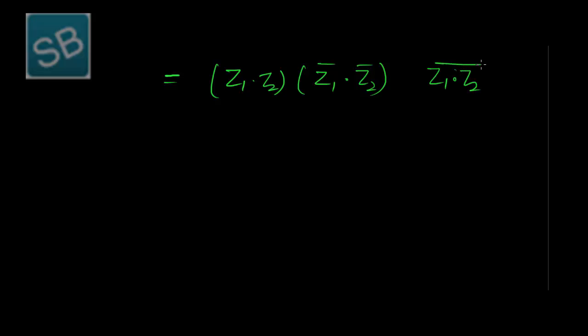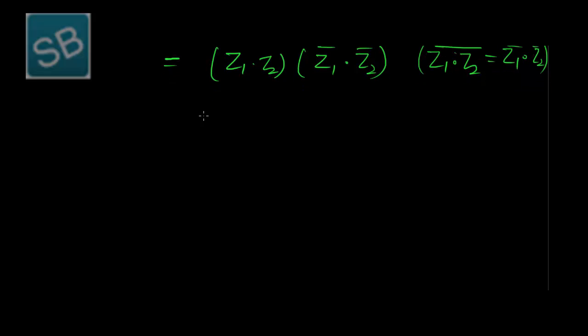And also we know that z1 bar into z2 bar is equal to, that is, z1 into z2 whole bar is equal to z1 bar into z2 bar. That is the property of the conjugate of a complex number.